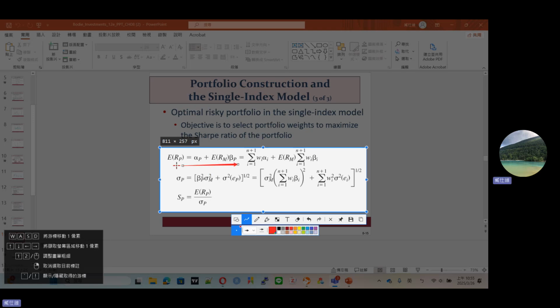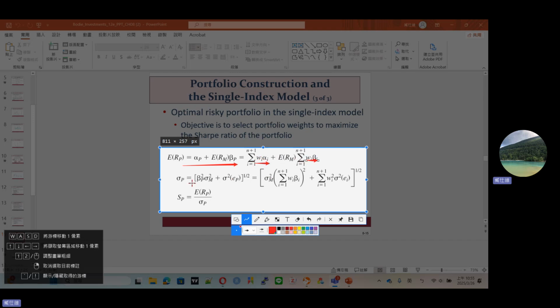Okay, so this P refers to portfolio. Now we have n+1 assets in our portfolio. So we have w_i times alpha_i, and then we also have a beta. So this is about the alpha_i and the beta.